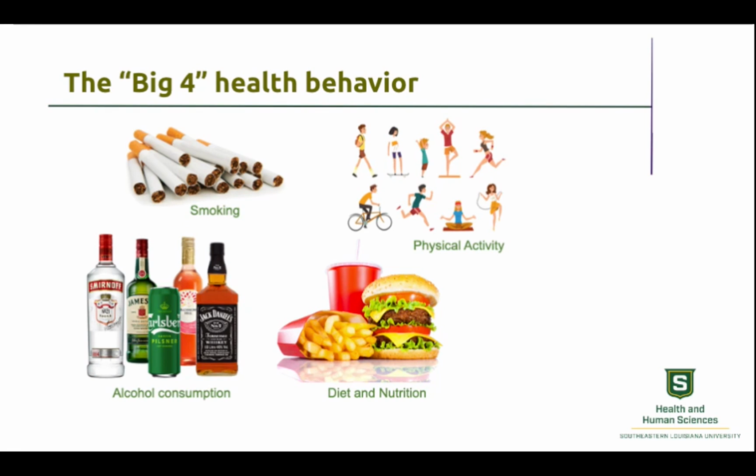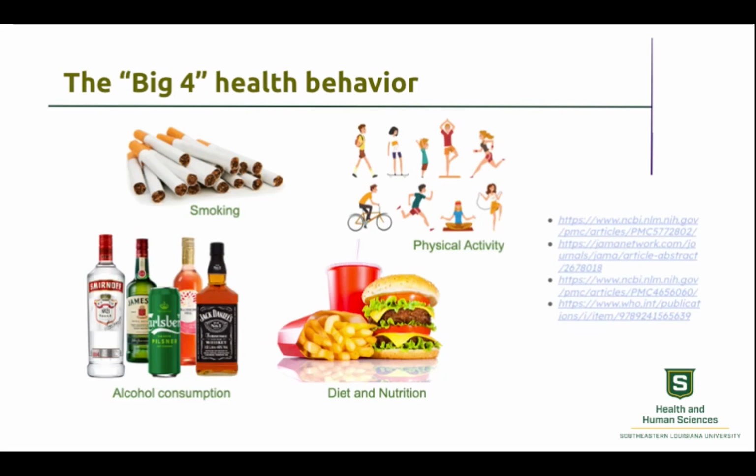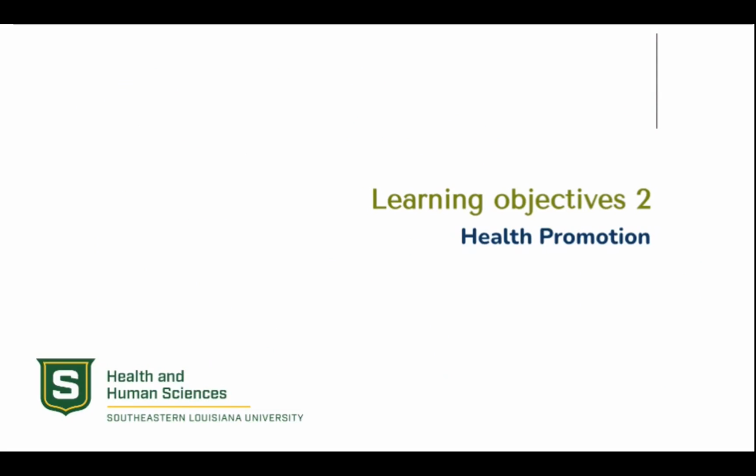We can imagine that this has a lot of impact, and what we see in these causes of death is reflected in evidence. So you can go to any of these links. They discuss in detail how these big four contribute to premature death and our health outcomes. So that's it for learning objective one.